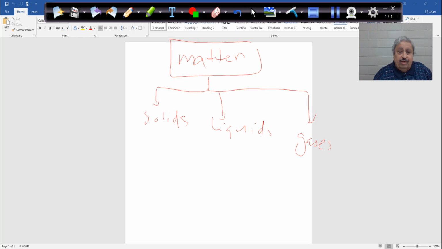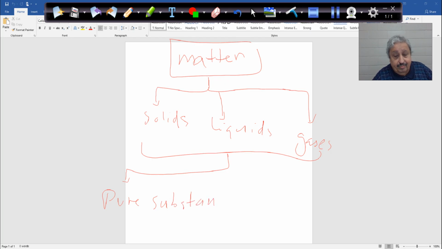Out of these three, we have pure substances, and they have to have fixed composition.